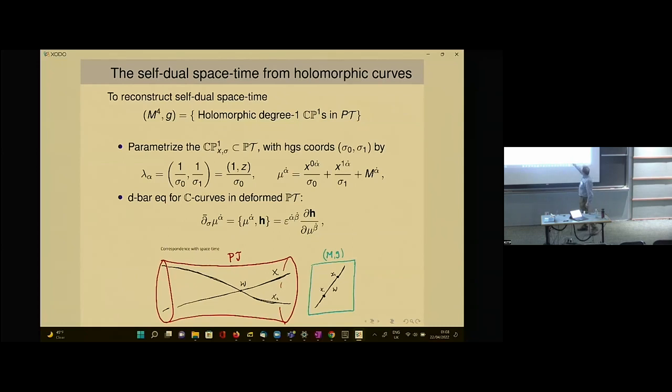And then you say that 2 points in the space-time are null connected if the corresponding curves in twistor space intersect, if they touch each other. So that's how the construction works. And Roger Penrose then proves that it's Ricci flat and self-dual.